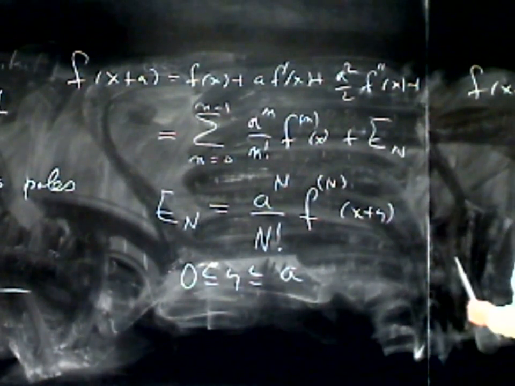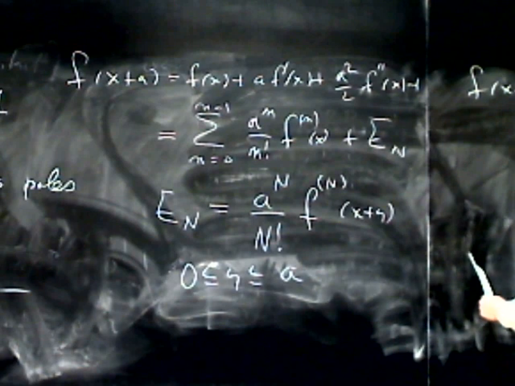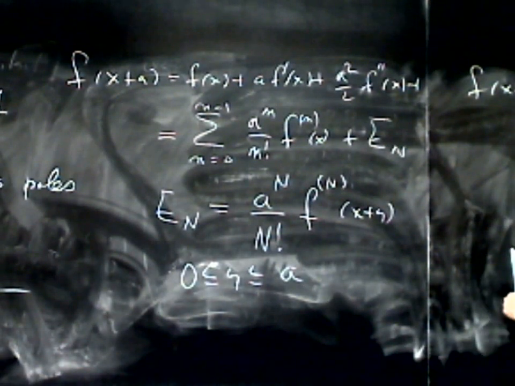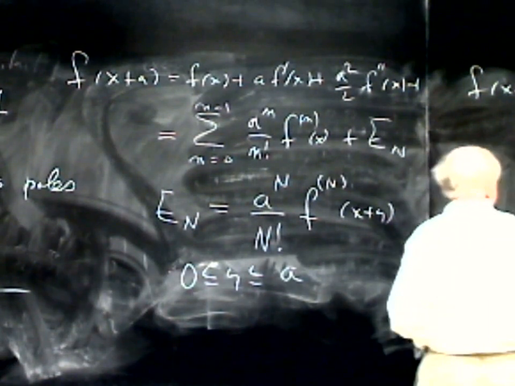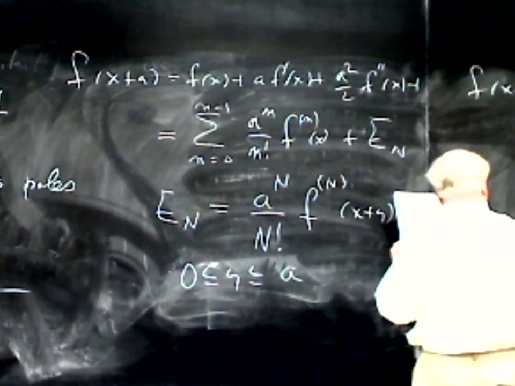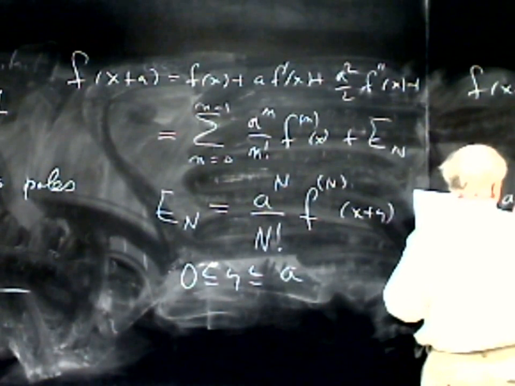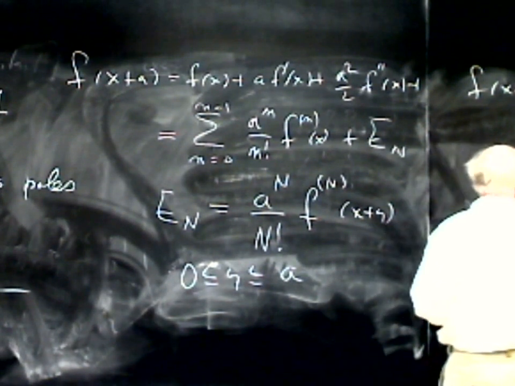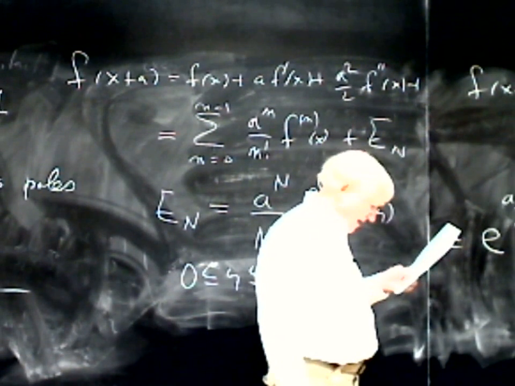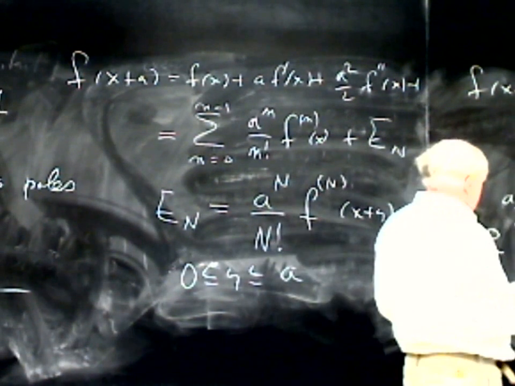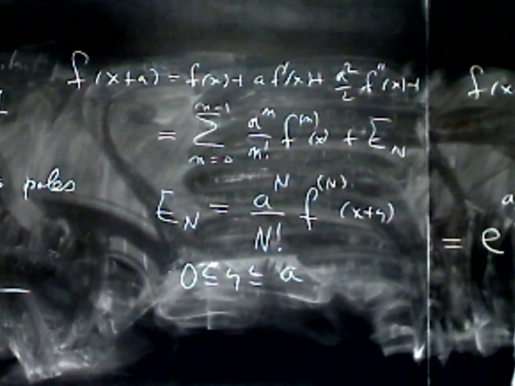In particular, let's write it in a more traditional notation as 1 over n factorial, a d by dx to the n, f of x. Now we can see that this thing is just e to the a d by dx acting on f of x. And so this is effectively a translation operator.